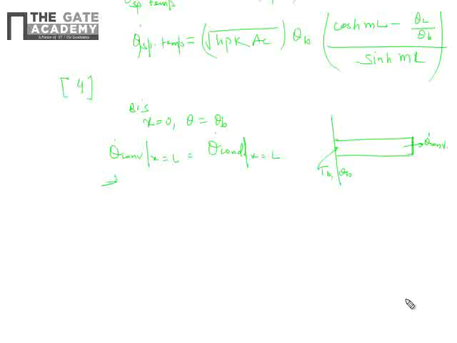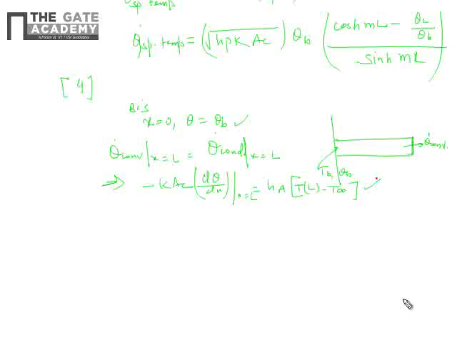That is minus k Ac d theta upon dx at x is equal to L is equal to h A, temperature of the fin at the distance L minus T infinity. If we substitute these two boundary conditions into the general equation, we will get the values of C1 and C2.